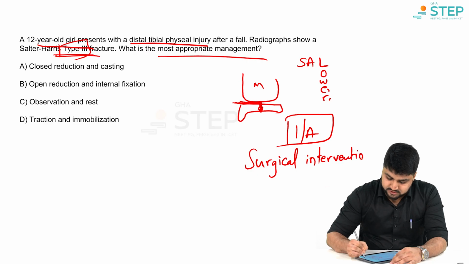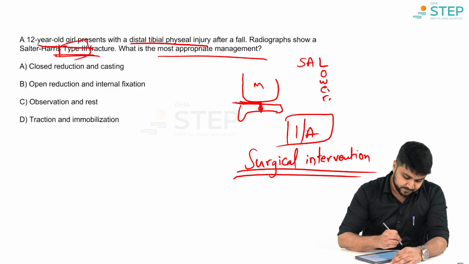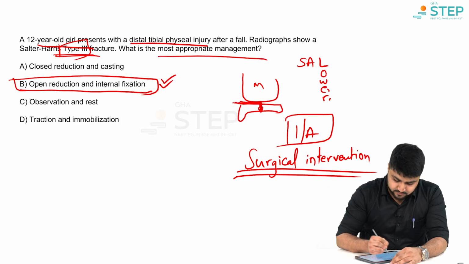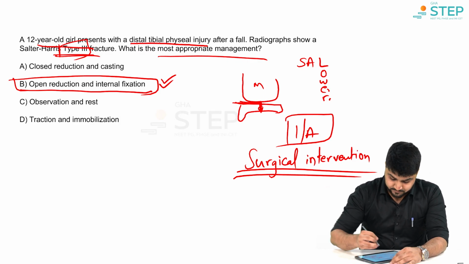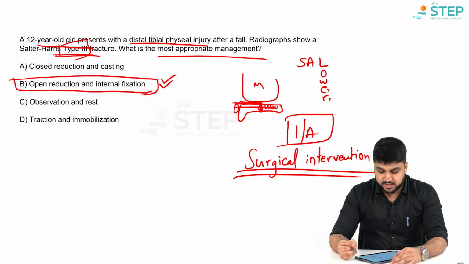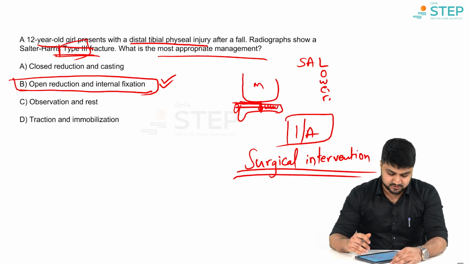So, surgical intervention will be the right option here, and in our options we can see that option B is the most appropriate. The fixation modality of choice will be fixing it with a screw, passing a screw across the epiphysis to fix the fracture.